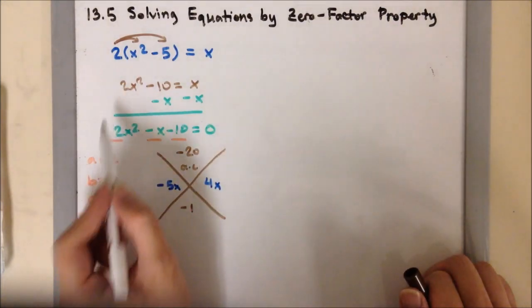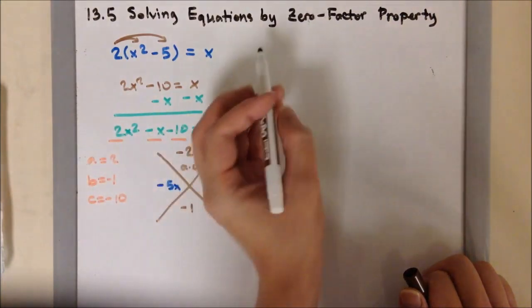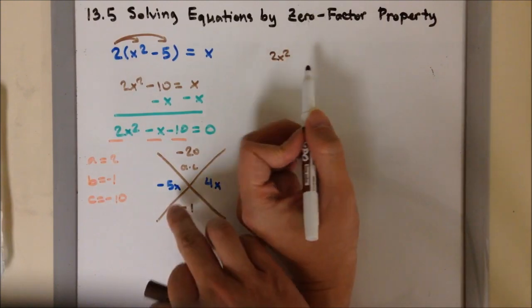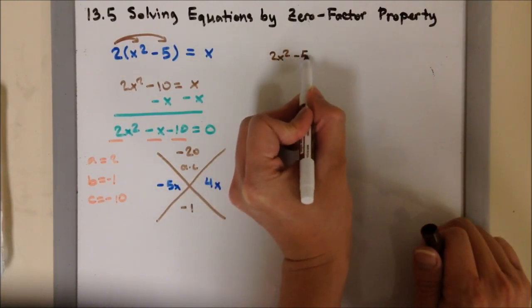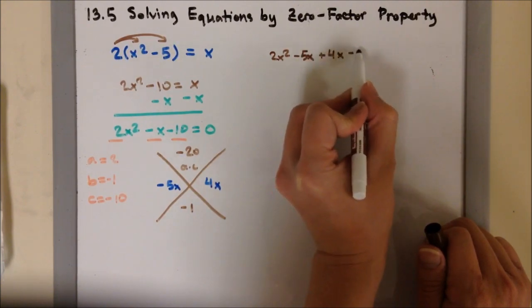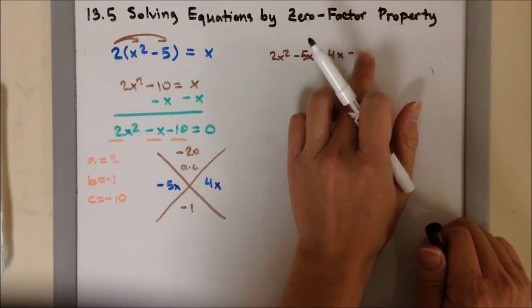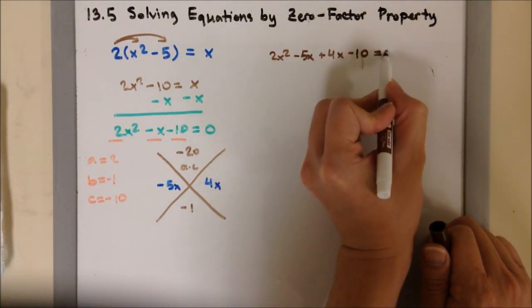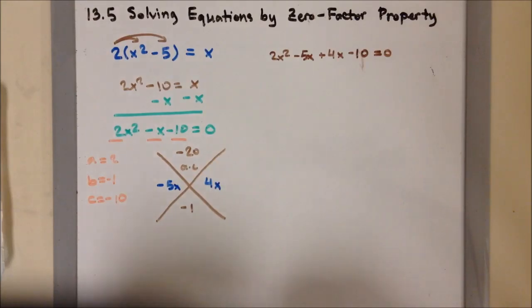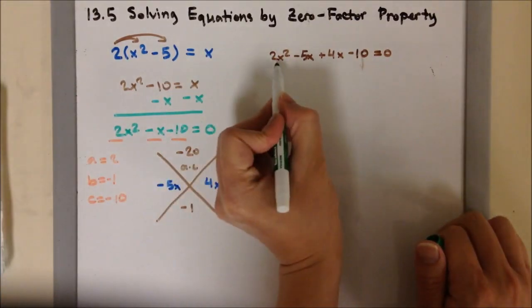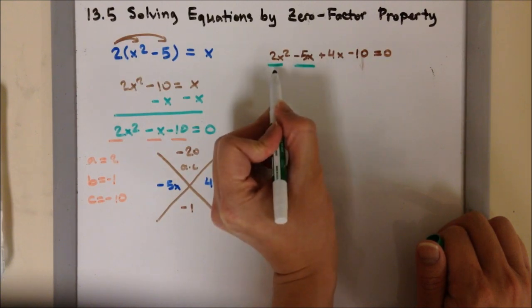So I'm going to start off with 2x squared. And then I could just put it with negative 5x, and then plus 4x, and then minus 10. So here's my left side, and the only thing common between these two terms is the x.